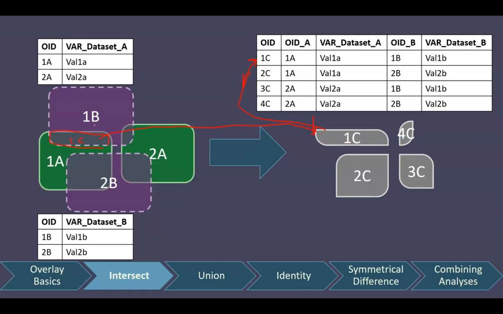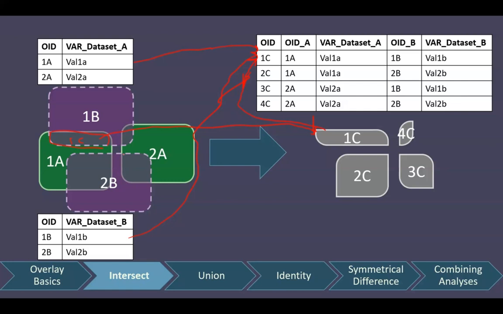Because it's made from the overlap of 1A and 1B, it takes the attributes of 1A and the attributes of 1B. So the new feature, the new geometry, is 1C because it's the result. It has the 1A variables plus the 1B variables, because those are the two pieces of geometry that made it up.